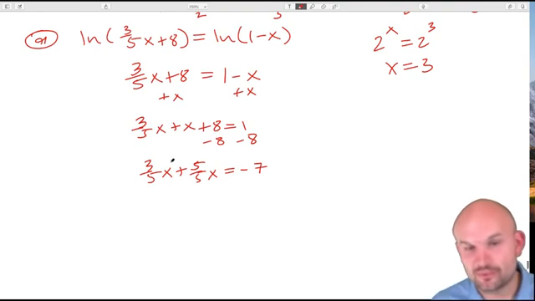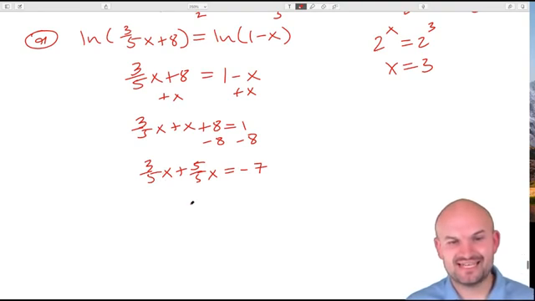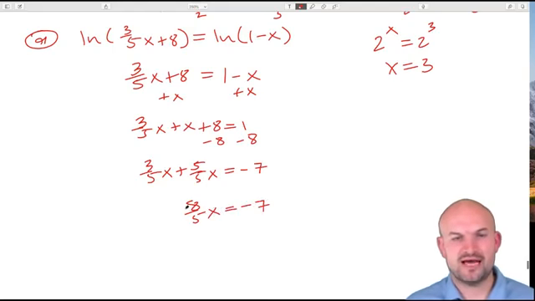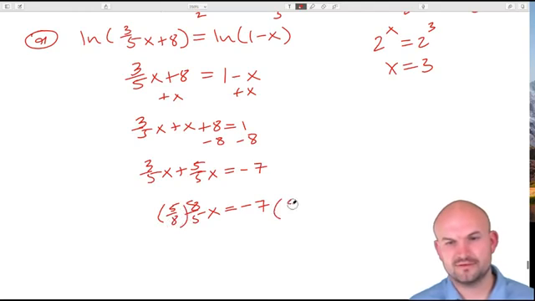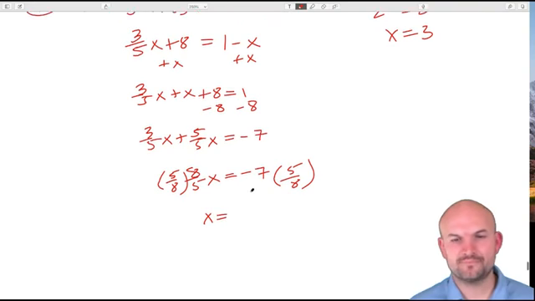Now, 3/5 plus 5/5 is 8/5 x equals negative 7. And then you just multiply by the reciprocal, which is 5/8. So therefore, x is going to equal negative 35 over 8.